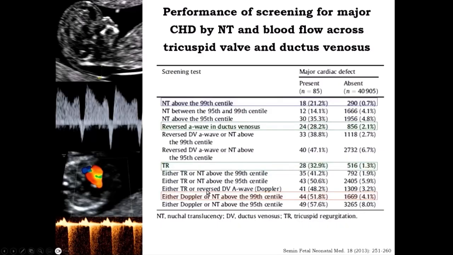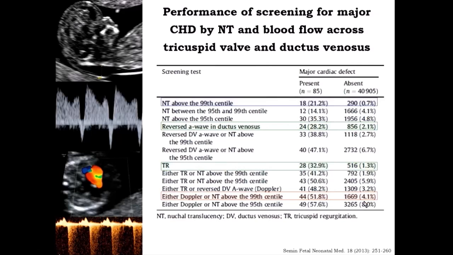If we put them all together, the nuchal translucency, the ductus venosus, and the tricuspid regurgitation, so that if one of those three is abnormal, and we fix the false positive rate below 5%, we will be able to detect about 50% of all major cardiac anomalies.